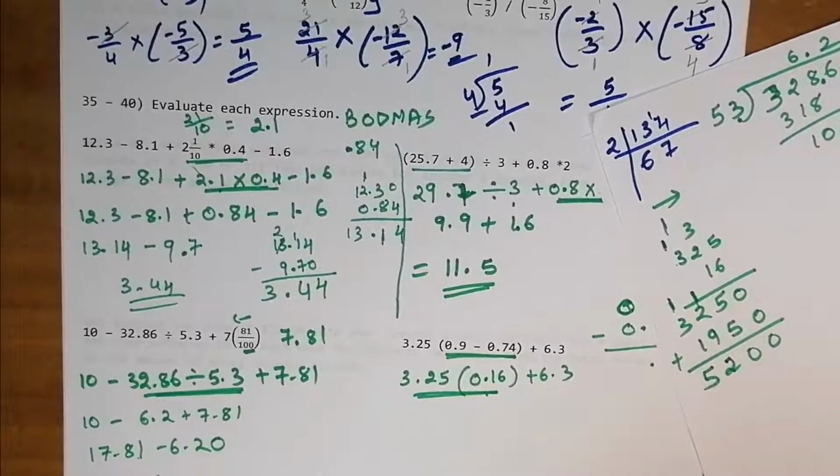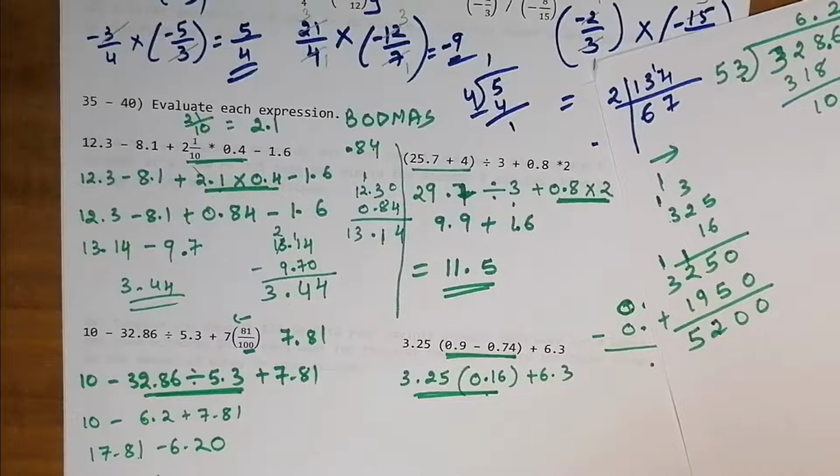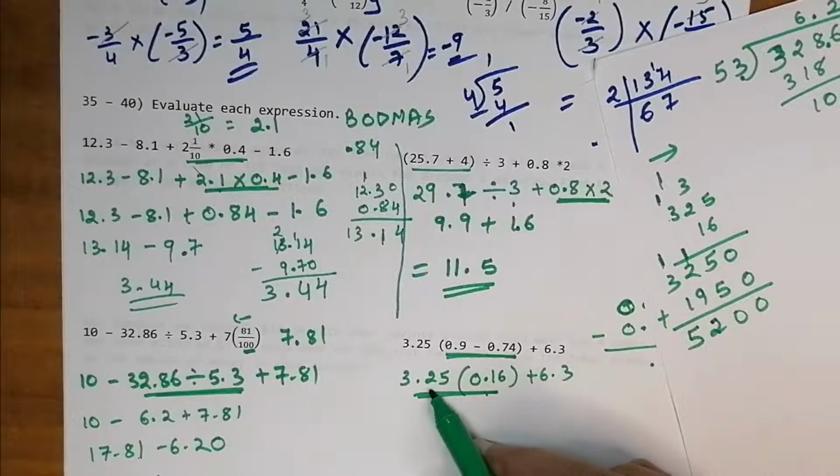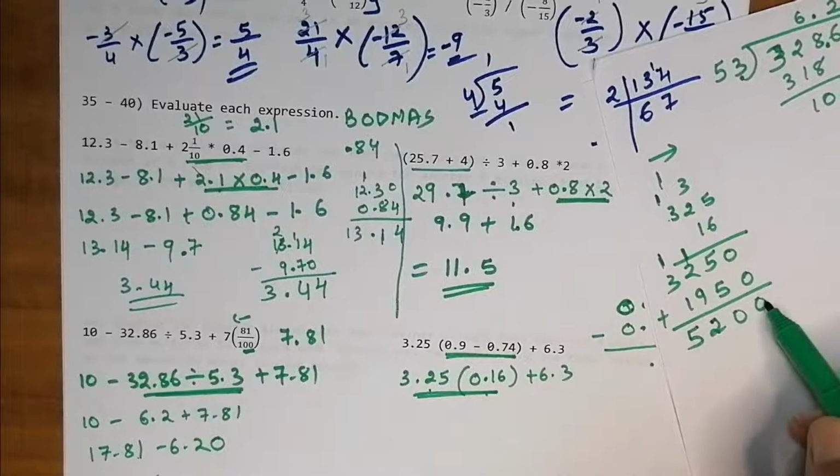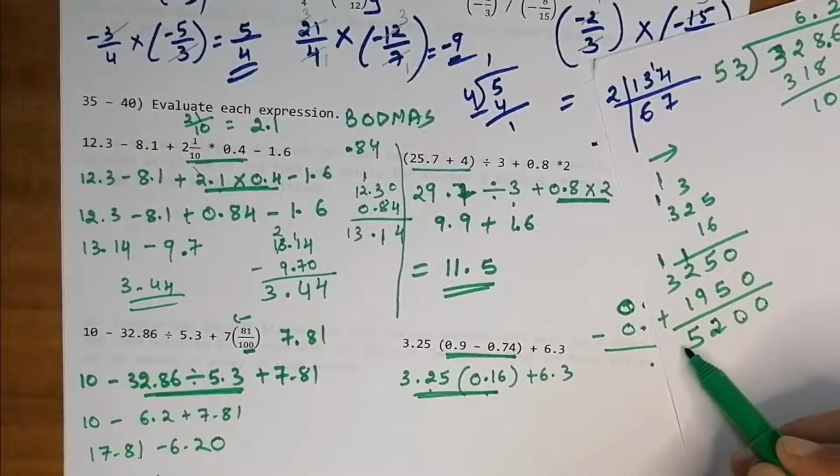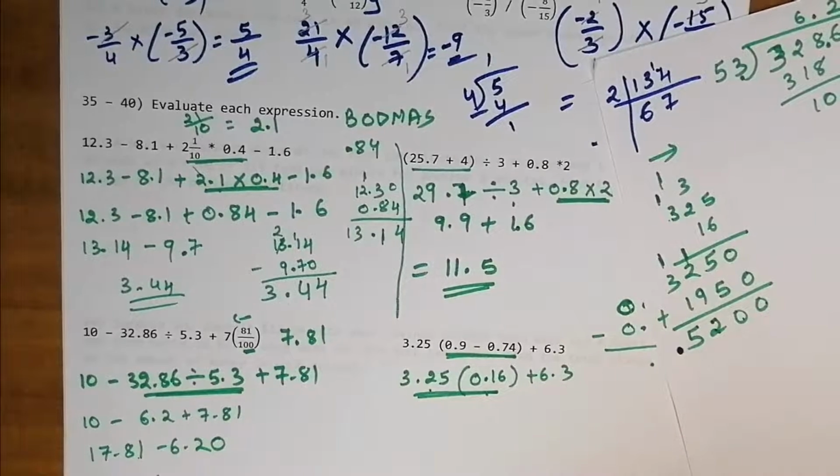So where are we supposed to put our decimal point now? We have 1, 2, 3, 4 digits. So we'll put our decimal point here.